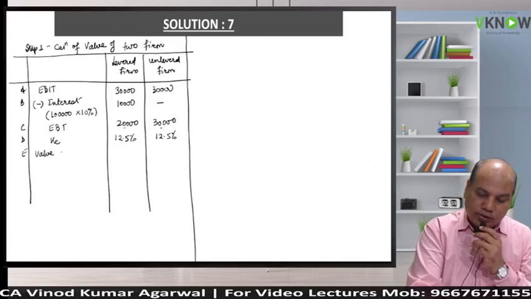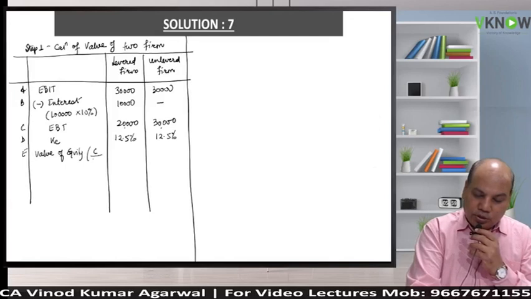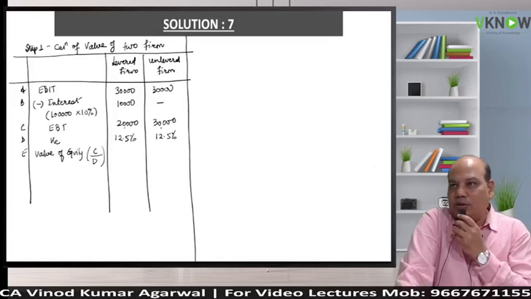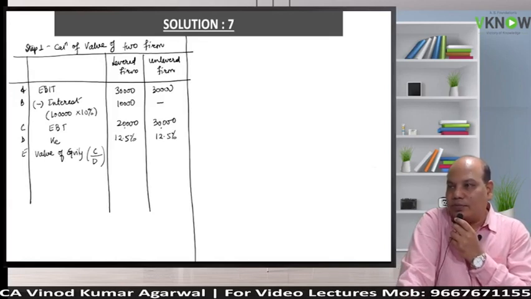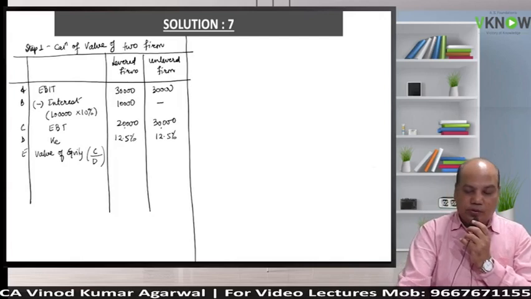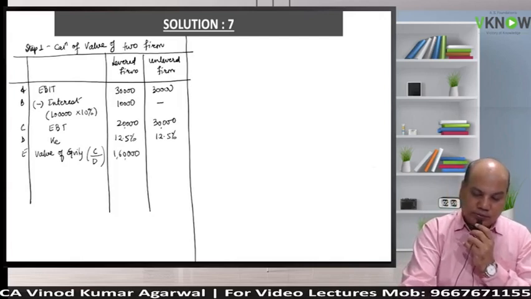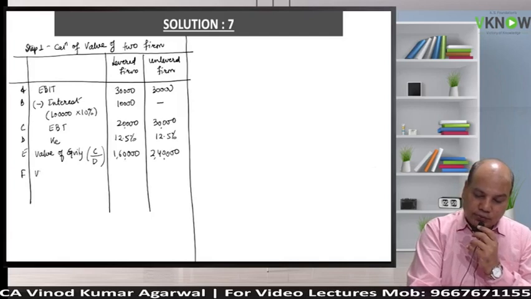Value of equity is equal to EBT upon KE, if there is no tax. Please solve. 20,000 divided by 12.5% is 1,60,000. 30,000 divided by 12.5% is 2,40,000. Point number F, value of debt.